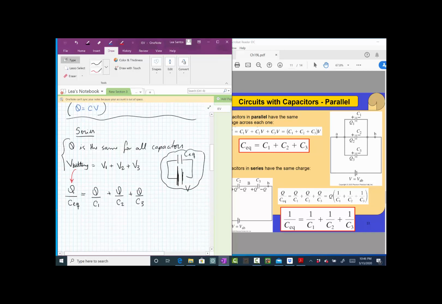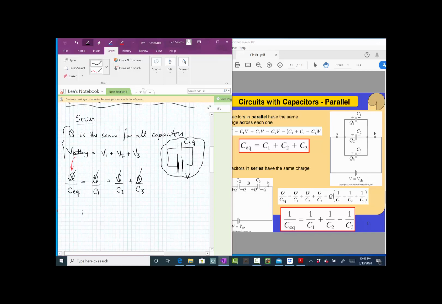So from that, since the Qs are the same everywhere, we arrive at this equation: 1 over the equivalent capacitance is equal to 1 over C1 plus 1 over C2 plus 1 over C3. So again, be careful. We have a circuit where the capacitors are in series, and the equation we get for the equivalent capacitance is this one: 1 over the equivalent capacitance is 1 over C1 plus 1 over C2 plus 1 over C3.